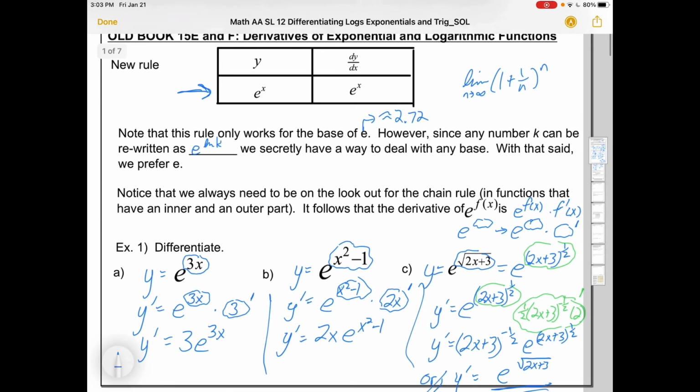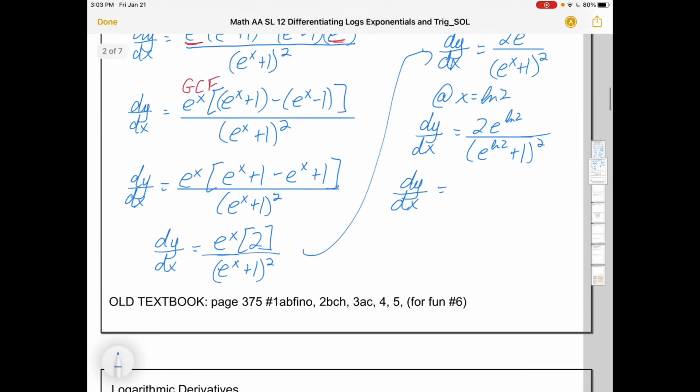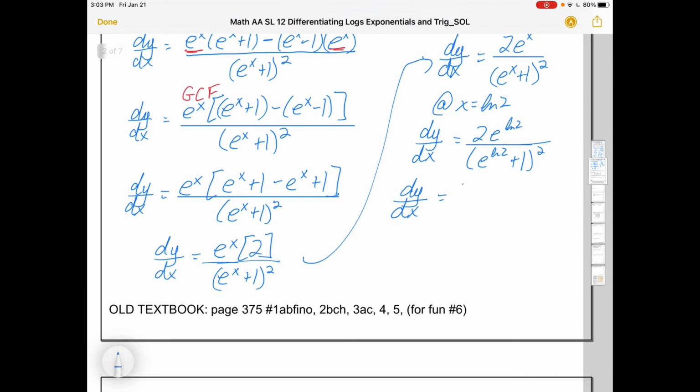Any number k can be rewritten as e to the ln k because e to the power of and natural logarithm undo each other. They're inverses. So if I put this in, I'll have 2 times 2 all over 2 plus 1 all squared. And that will give me 4 over 9.